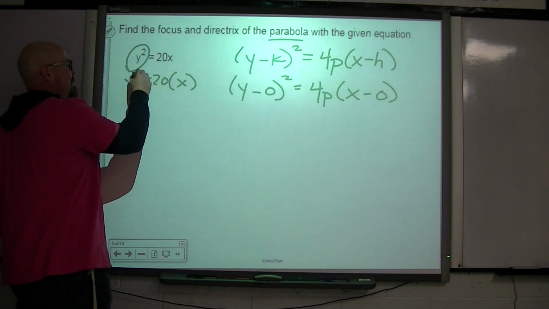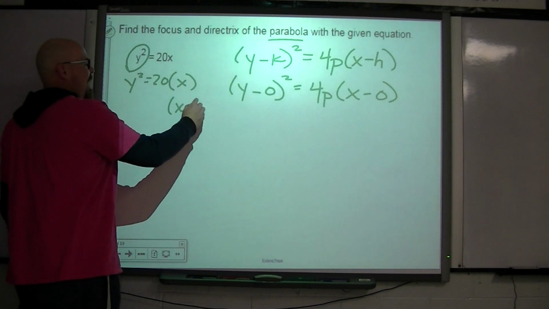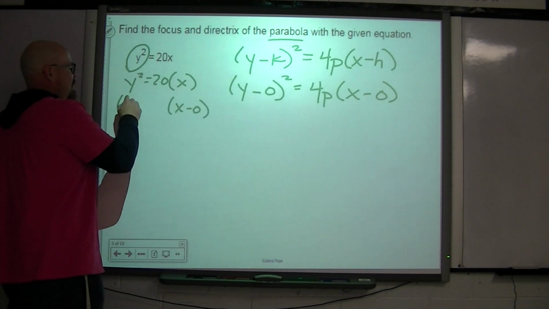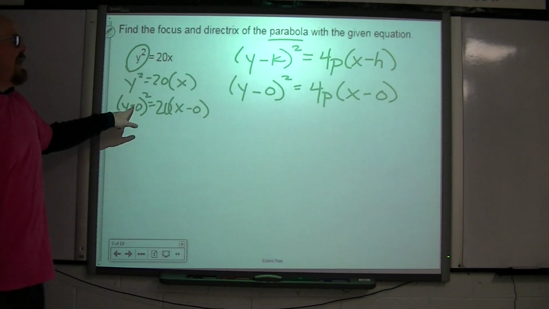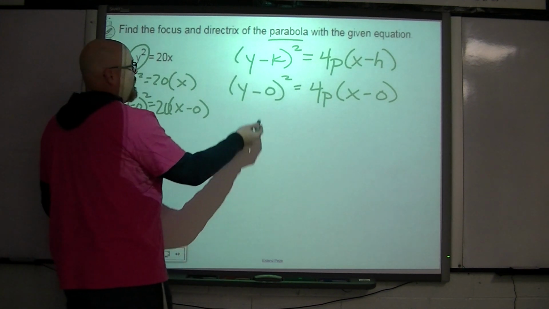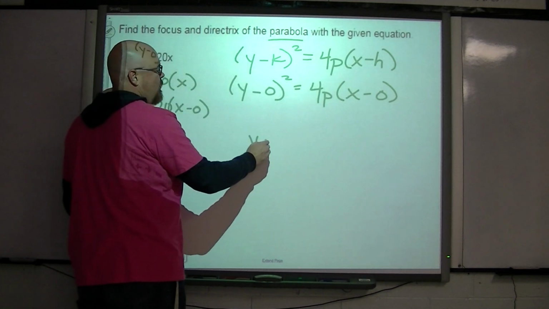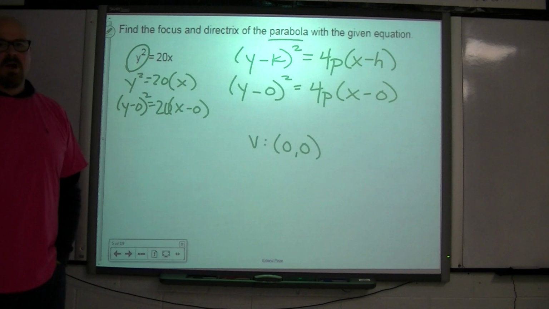I know this might not make a whole lot of sense, okay? But then you're writing that quantity as x minus 0. If there's nothing over here with y, we're writing that as y minus 0 squared as well. Okay? So we know now, even though it's not even asked for, that the vertex of this parabola is 0, 0. Okay?